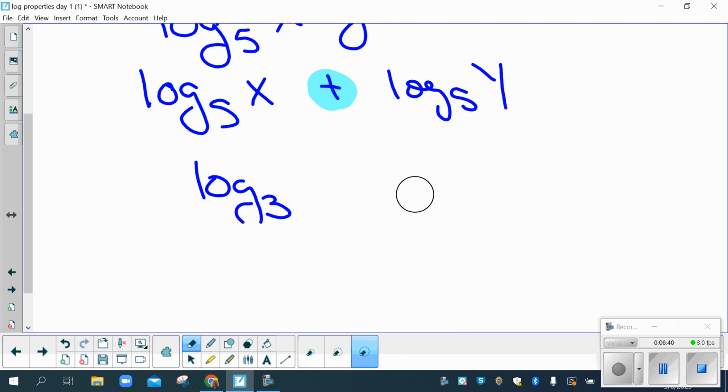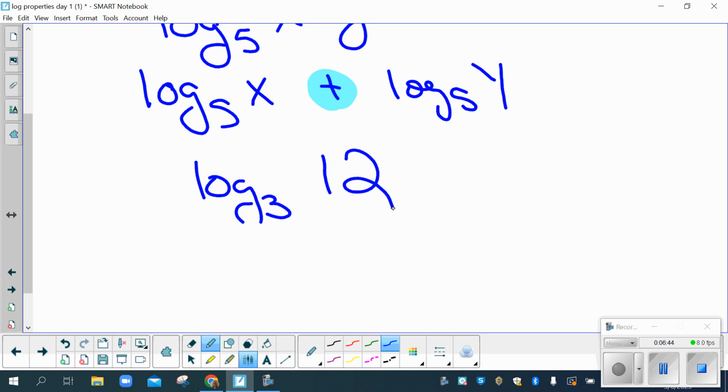Little thing off to the side that I want to tell you, sometimes you get to make choices. What if I wanted to do the log 3 of 12 and I wanted to split 12 up? There are lots of ways to split 12 up. I'd like you to try this, to split it up how you want to split up 12. There are multiple choices to split up the number 12, but be careful.